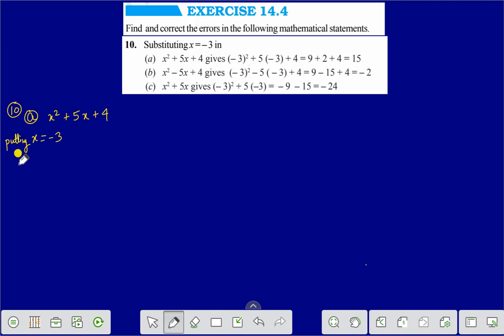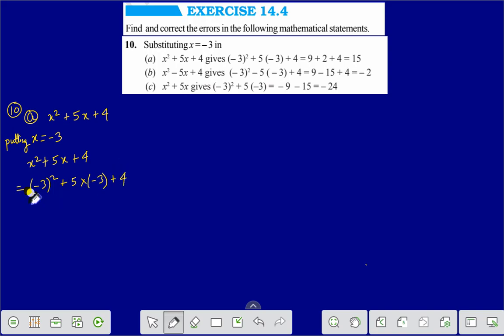Putting x equal to minus 3, we are getting the value x square plus 5x plus 4, that is minus 3 whole square plus 5 into minus 3 plus 4.